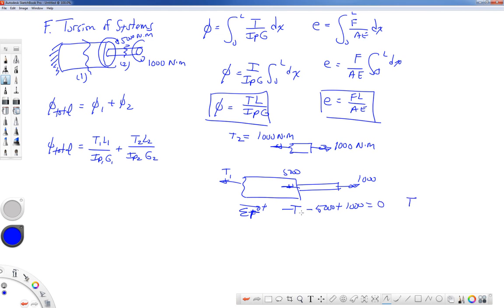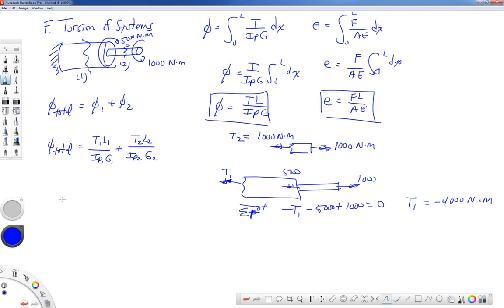As I have it drawn there, my T1 would be equal to minus 4,000 Newton meters. The negative sign on the torque means it really points the opposite direction from what I have assumed. The double-headed arrow would point to the right. But that's okay. I can leave it as I have in that picture and just know that that T1 is minus 4,000.